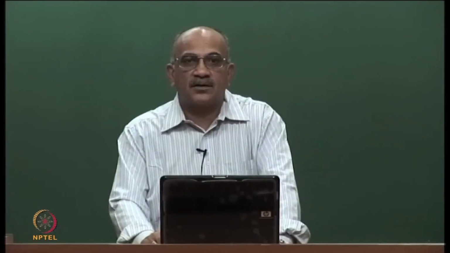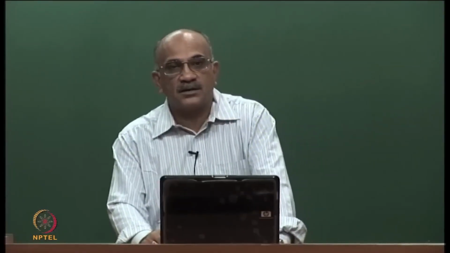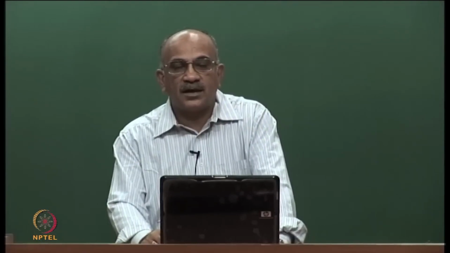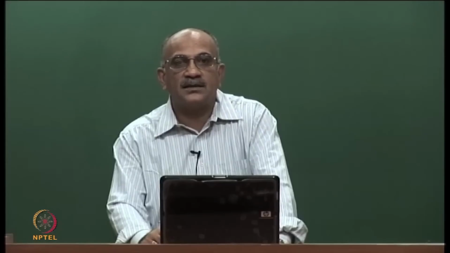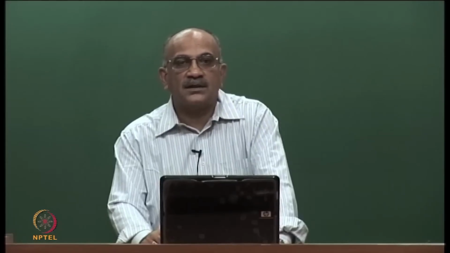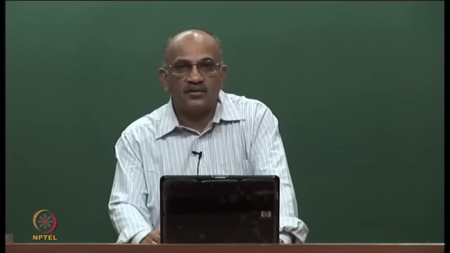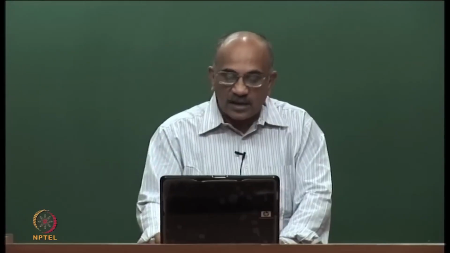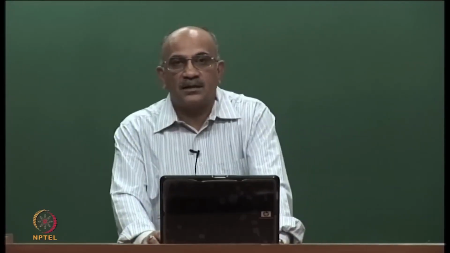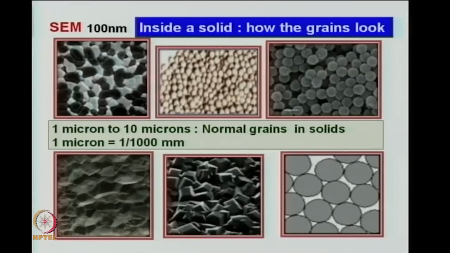This scanning electron microscope uses electrons which have a wavelength much smaller than the wavelength of visible rays, and hence we can see objects which are much smaller. Now, a micron is 1 by 1000 of a millimeter.